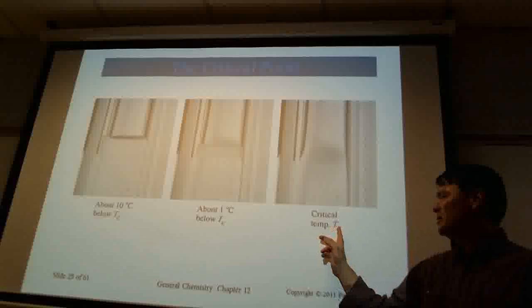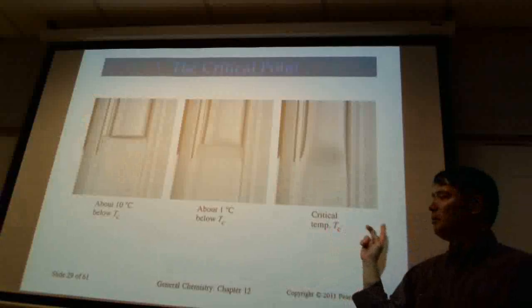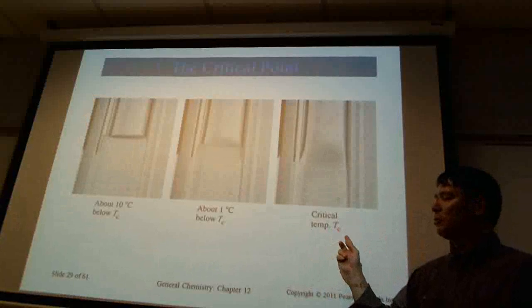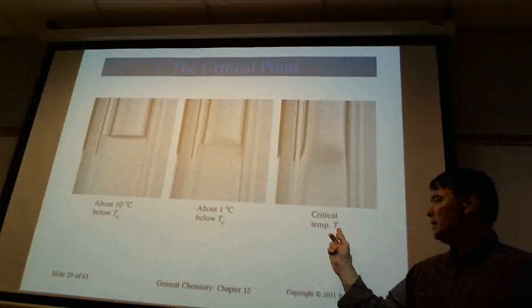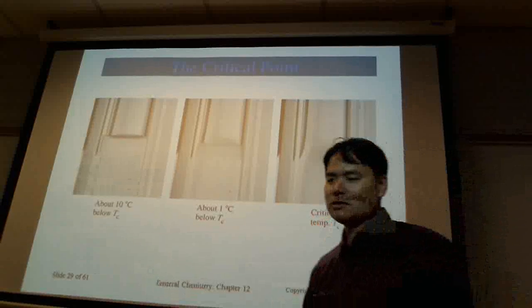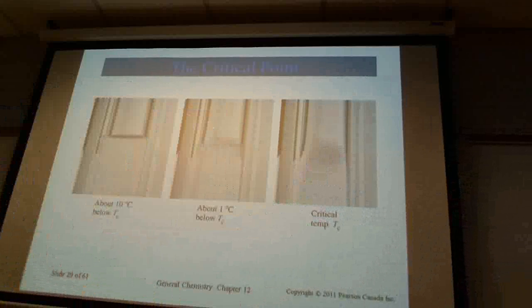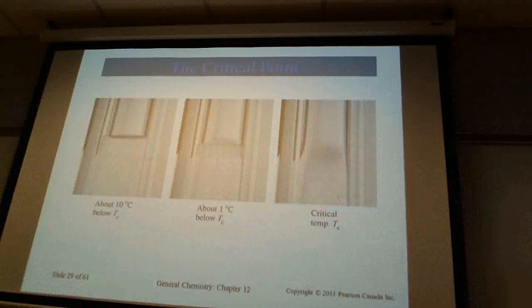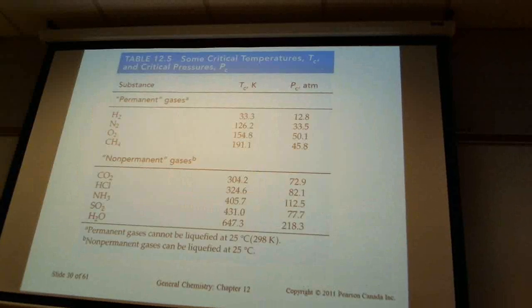But you have to be at T sub C and P sub C. P is the critical pressure. T is the critical temperature. Once you hit that, then you can generate this unusual state of matter. Not everything generates this, but that's a supercritical fluid. The liquid just expands to fill the volume of the container. So it's weird.